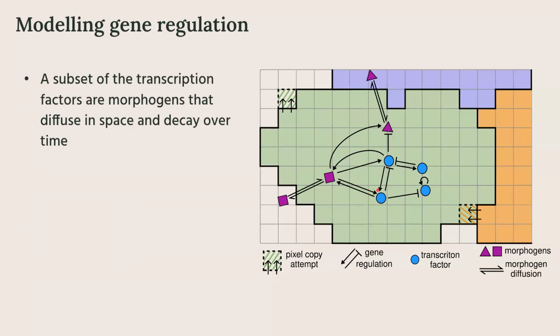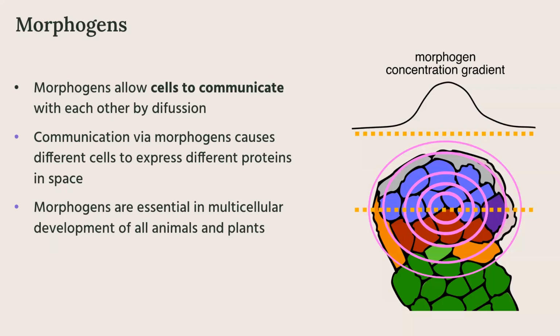And you'll see that a subset of these transcription factors, specifically this square and this triangle, are morphogens. And they are a special subset of transcription factors because they can diffuse in space and decay over time. And the purpose of those morphogens is to allow for communication between cells. So because they can diffuse in space, they can set up concentration gradients.